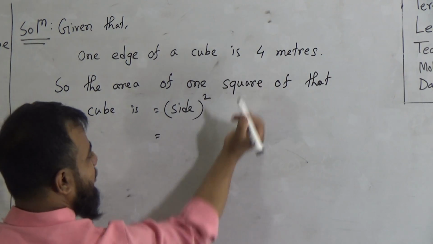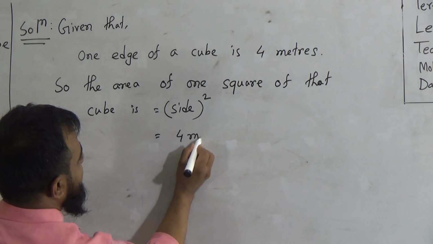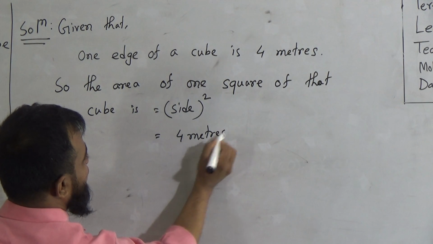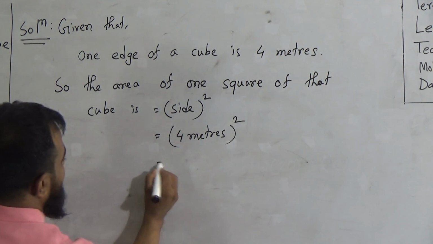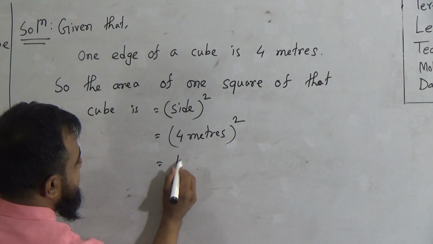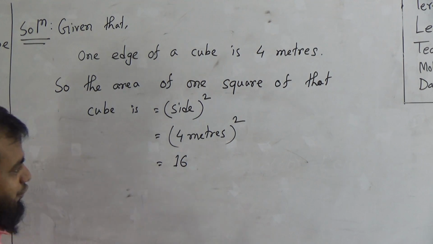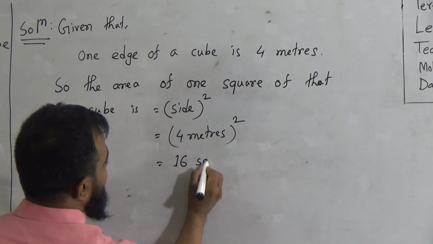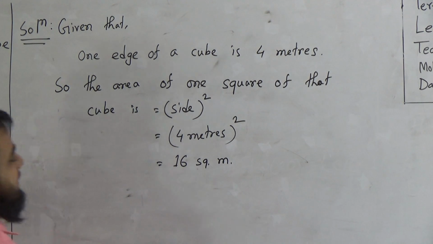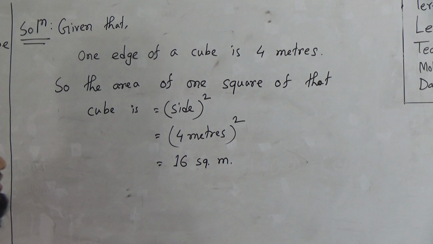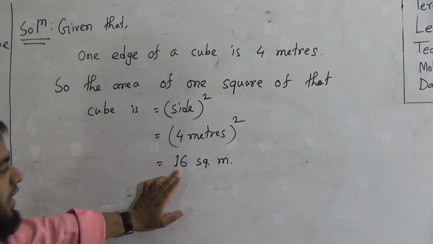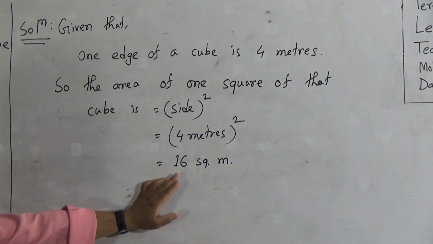The side is 4 meters, so 4 meters square. We can write 4 square, that means 16. 4 square means 4 multiplied by 4. Okay, 4 sq m. SQ means square, M means meters. So 16 square meters will be our area of only one square.